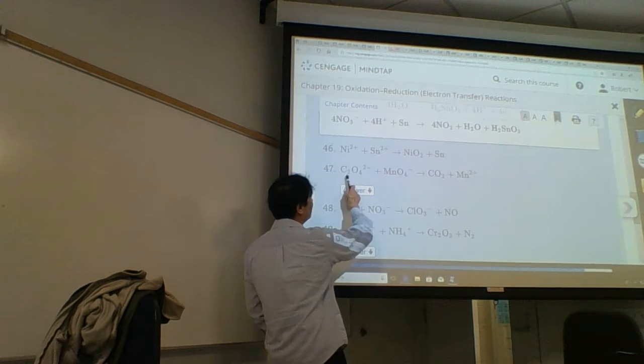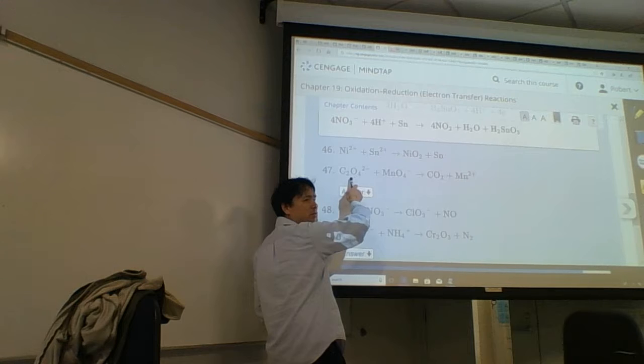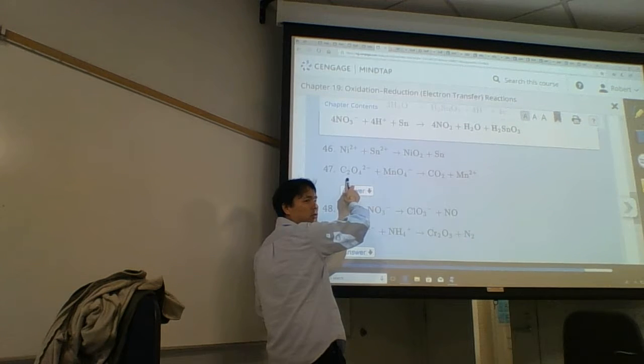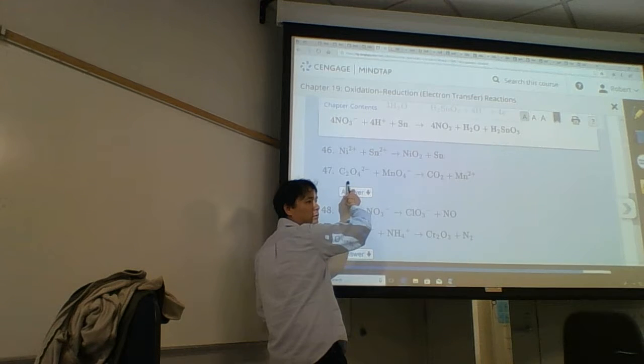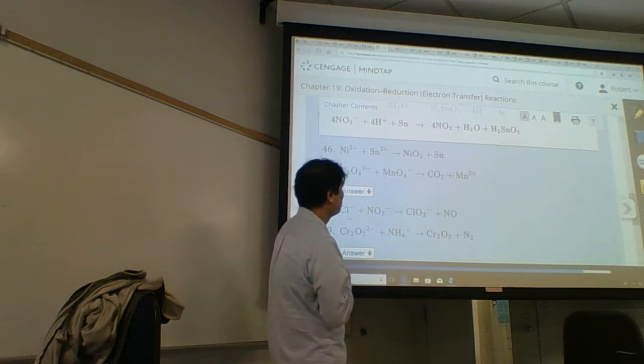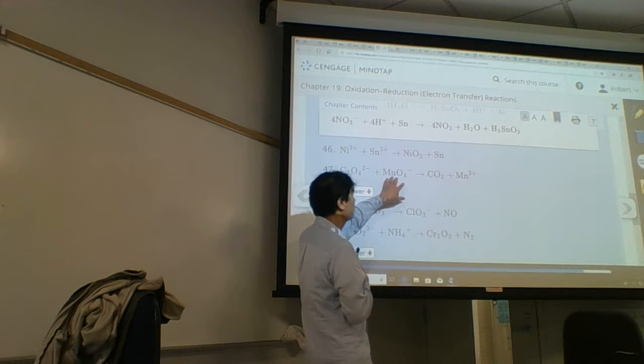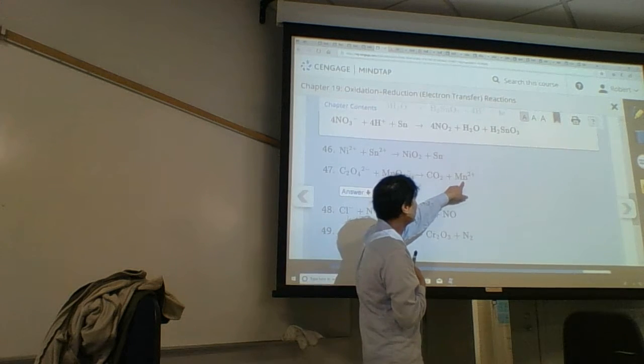If I look at this one, is oxalate, you guys recognize this? C2O4 2 minus is oxalate. Is oxalate on the chart? No. How about permanganate? Is permanganate on the chart? Yes. On the chart, permanganate goes to Mn2+. So we're set.